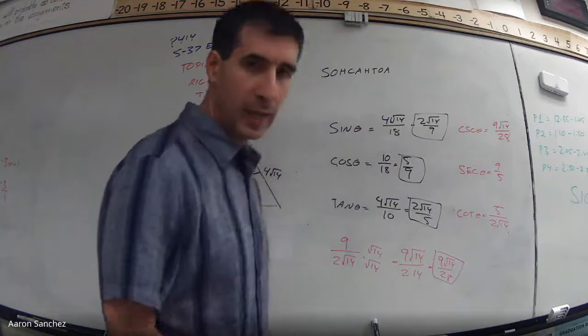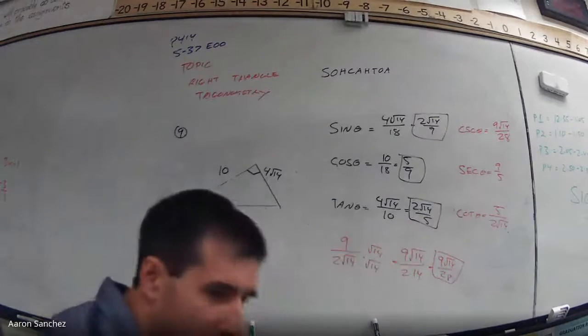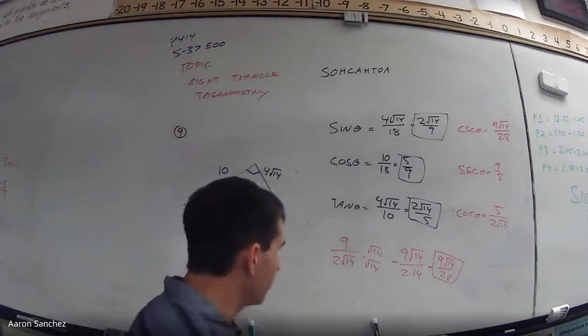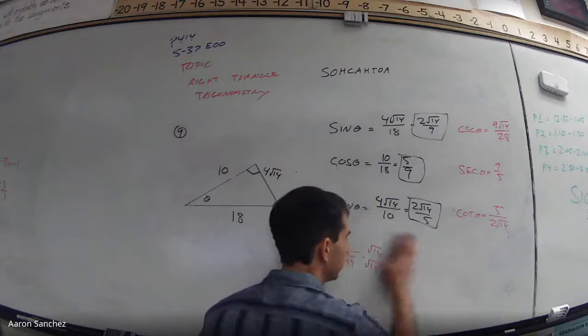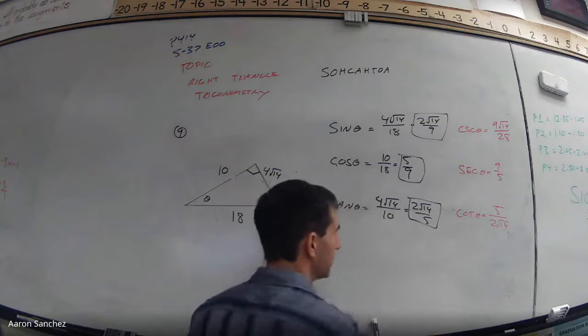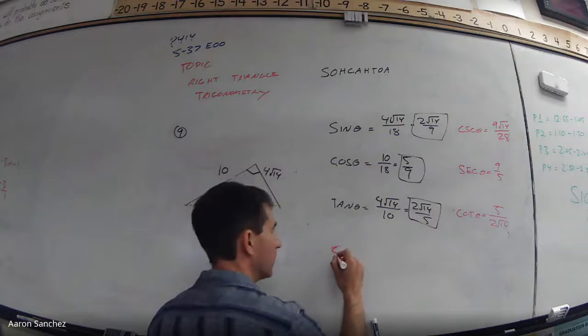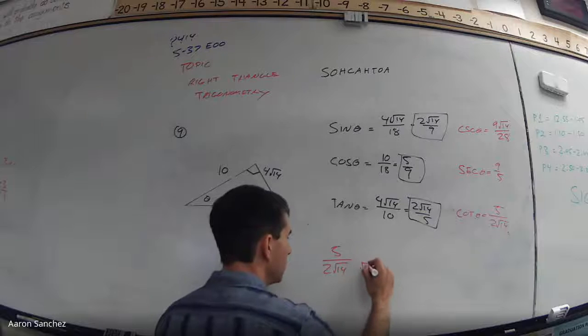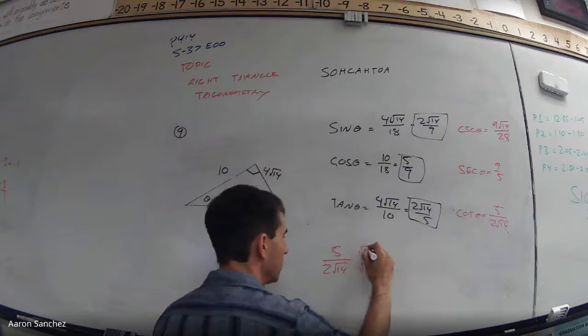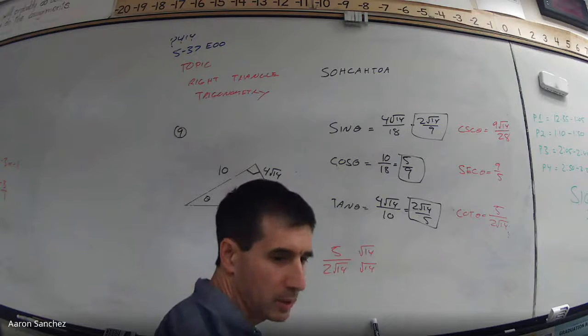I can't have that root 14 in the denominator. So, Brett, how do I get rid of that root 14? Oh, you put it at the top. I multiply the numerator and the denominator by root 14. Is that what you meant?